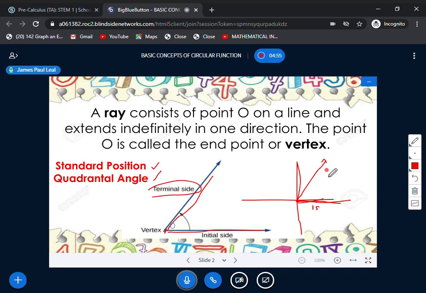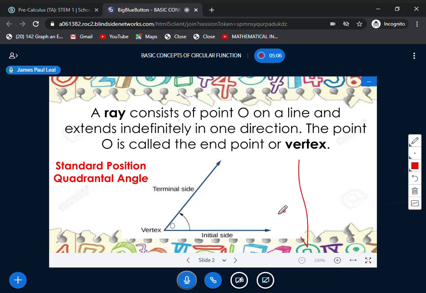When your terminal side, which is the moving line or ray, coincides with an axis, for example here is our terminal side, then therefore this is what we call a quadrantal angle. All right?